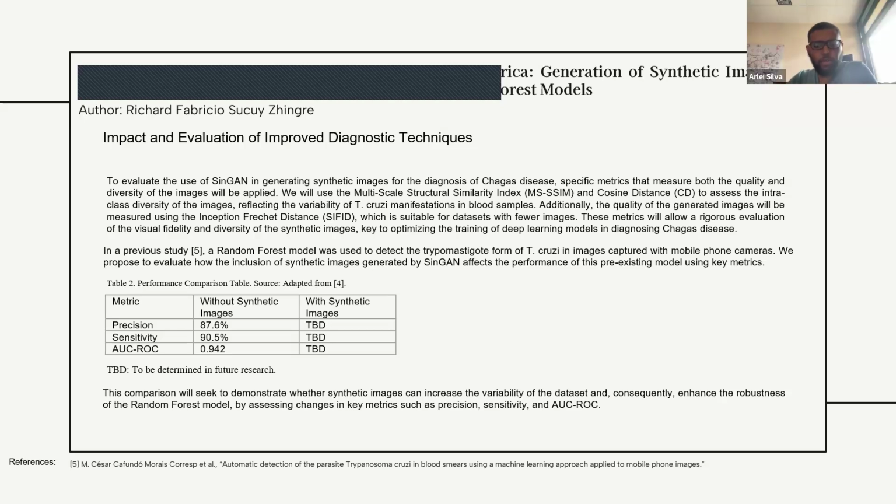Yeah, I have one question. In your model, you're using SinGAN, right? Which generates from a single image. Why generate from a single image and not from multiple images?